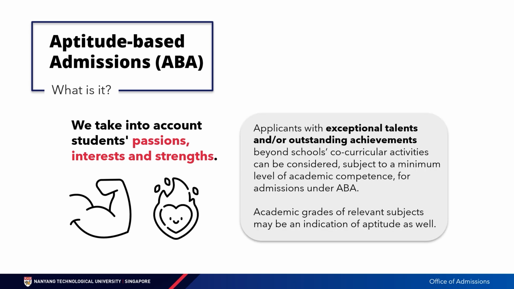Applicants with exceptional talents and/or outstanding achievements beyond school's co-curricular activities can be considered, subject to a minimum level of academic competence. For admissions under aptitude-based admissions, academic grades of relevant subjects may be an indication of aptitude as well.